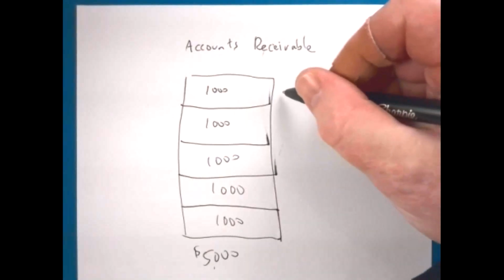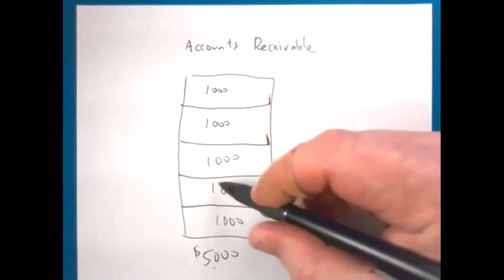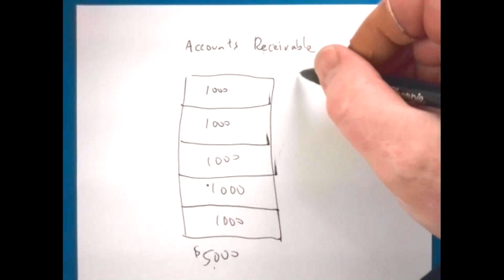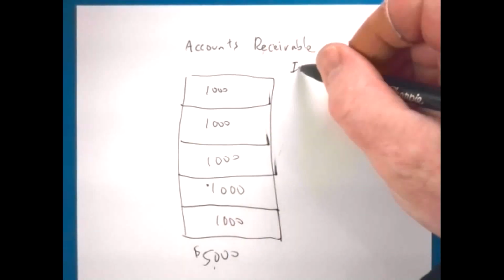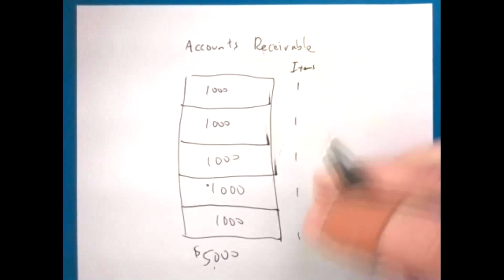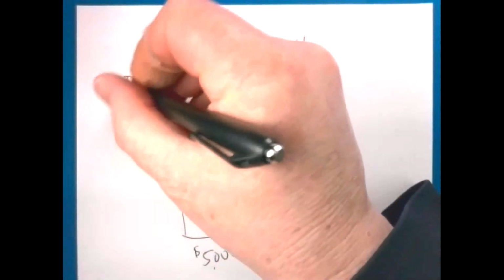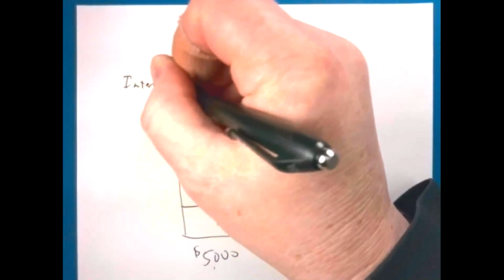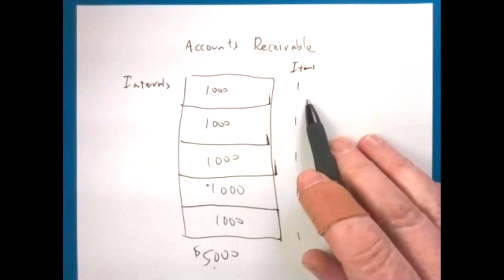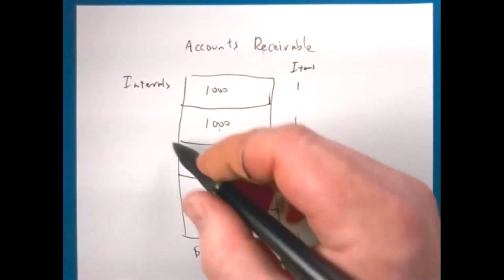So each one of these is a little sample area. You'll sample out of this area, and pick one item to represent that entire, what they call interval. These are called intervals. So one item will represent this interval, one item will represent this interval, and so on and so forth.